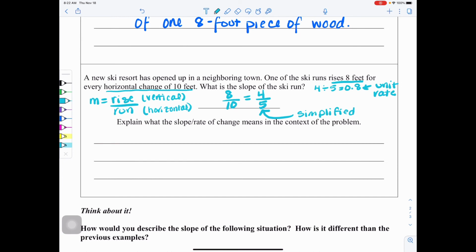So now that we've simplified it down to 4/5, remember the number on top is your vertical change.